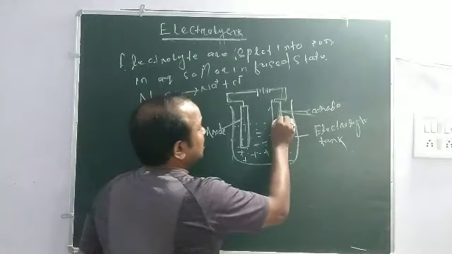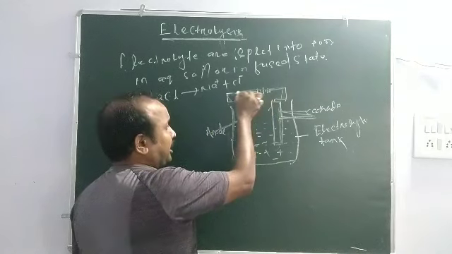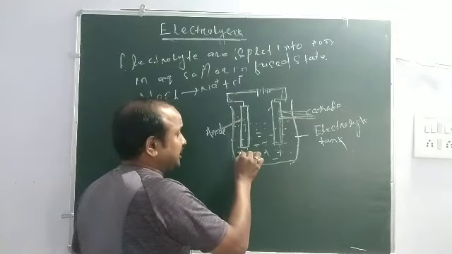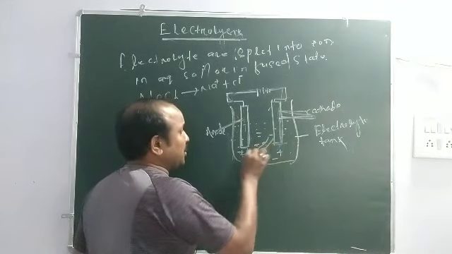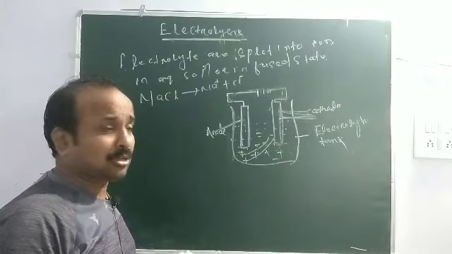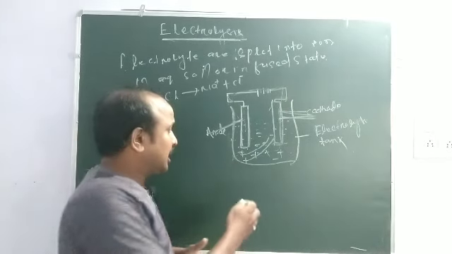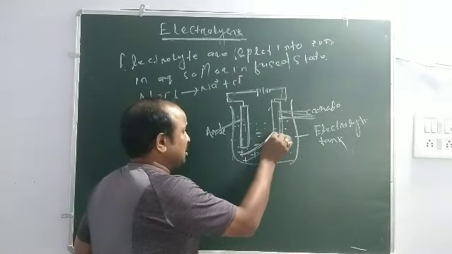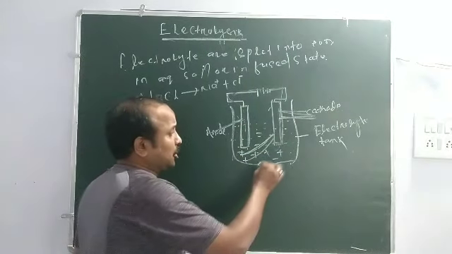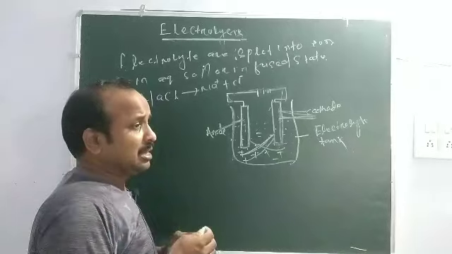This is the negative electrode, this is the positive electrode. When current passes, the positive ions move toward the negatively charged electrode, the cathode. You know that opposite charges attract each other, so the positively charged ions move toward the cathode and the negatively charged ions move toward the anode.